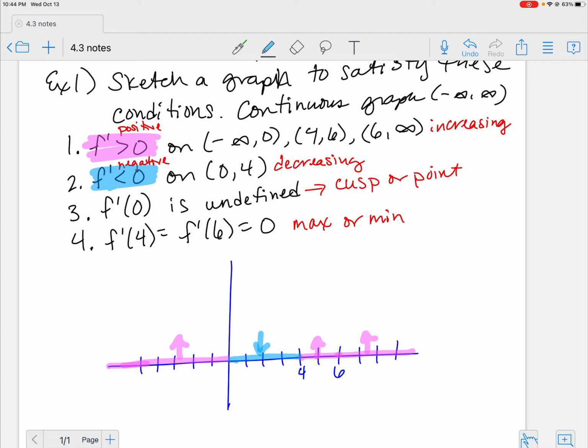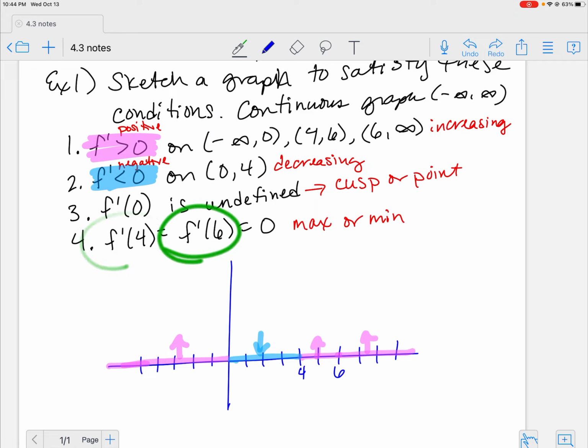All right, so I know when my derivative is at 0, here I've got some kind of a cusp or a point that we're looking at. And so we're just sketching any kind of a graph. So I don't know if this is above the axis, below the axis. I don't really care even. But I know that there's going to be kind of a cusp or a point here.